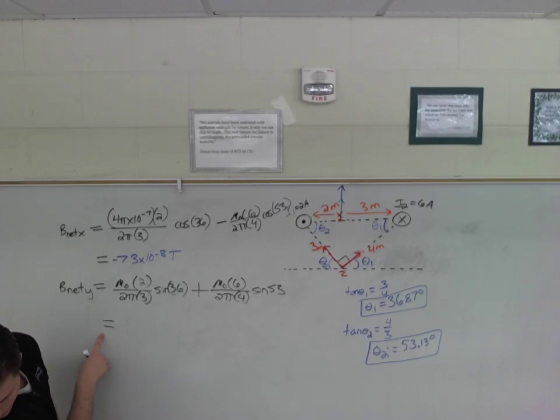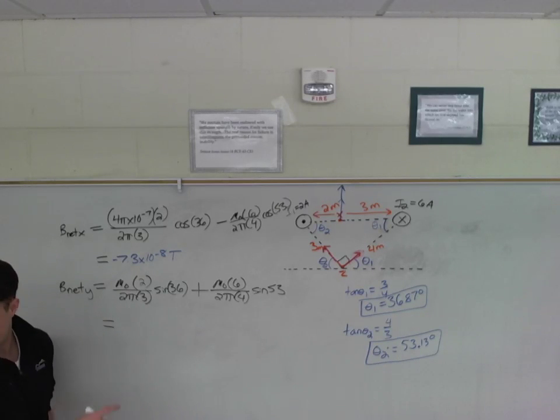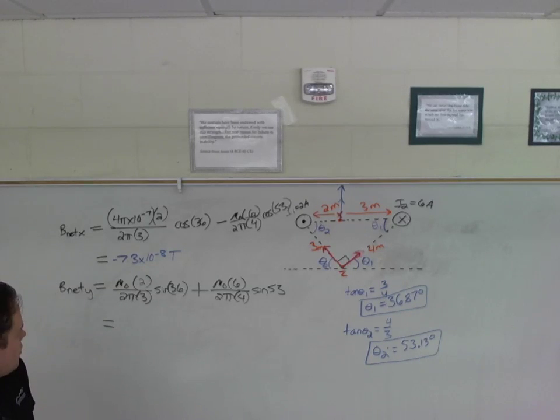Did you change your sign from plus to minus, adding to subtracting? What do you mean? I have different numbers here, but I don't have all my work, so I can't see what I did. I subtracted it, because the sign on the top changes. 2.13 times 10 to the negative 7? I added. Hmm.